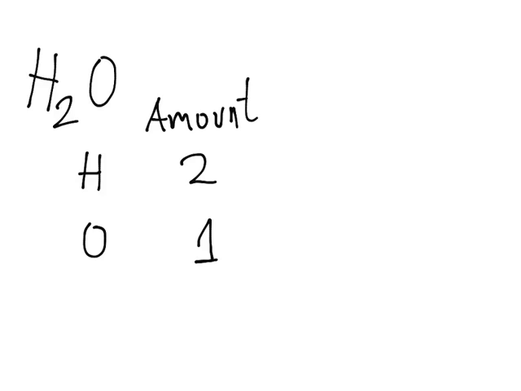And here you want to write its mass from the periodic table. The mass of hydrogen is roughly 1 and oxygen is about 16, and this is in grams per mole.